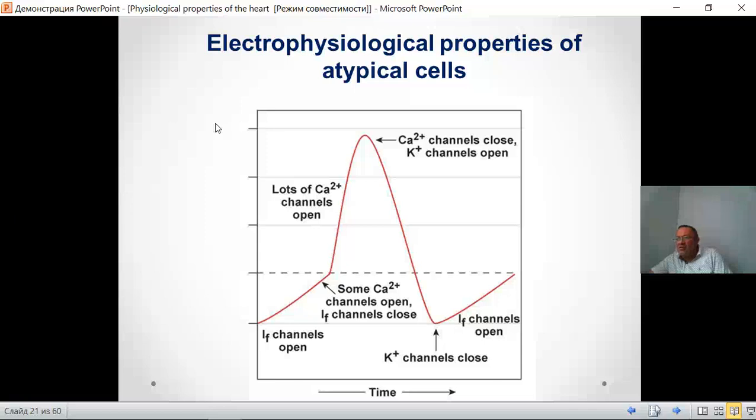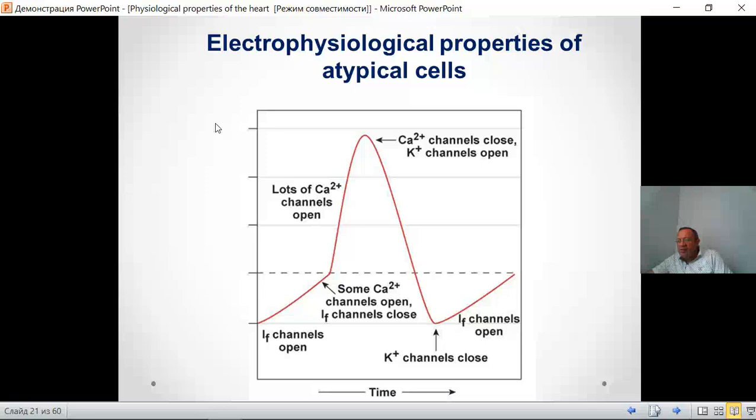The phases of the SA node action potential are described here and correspond to the numbered phases shown in the figure. Phase 0, upstroke. Phase 0 is the upstroke of the action potential.